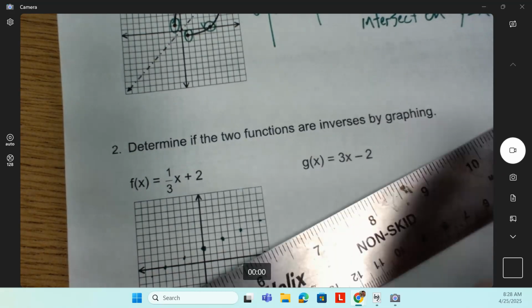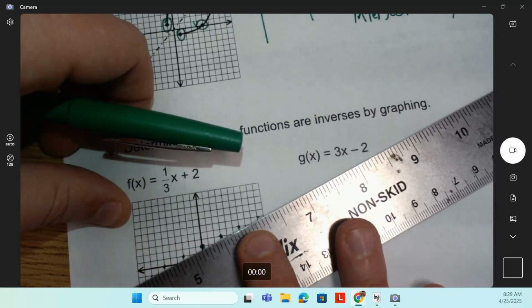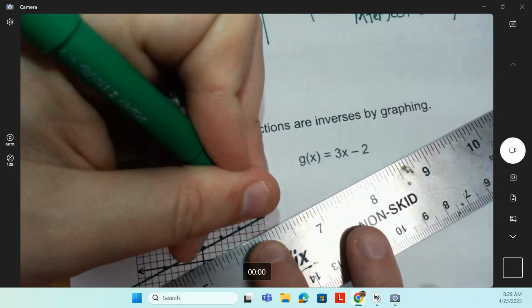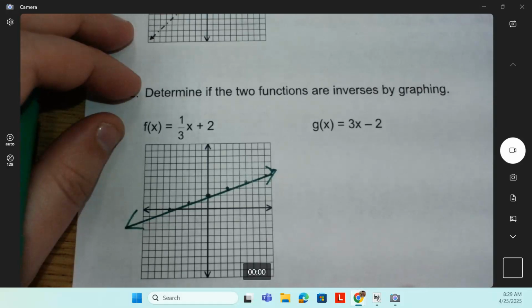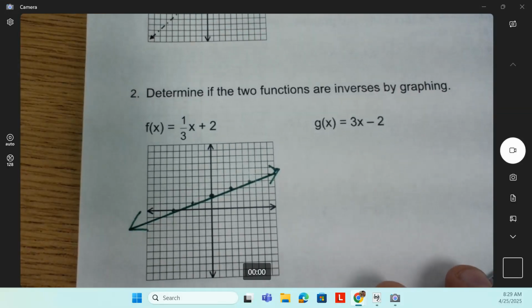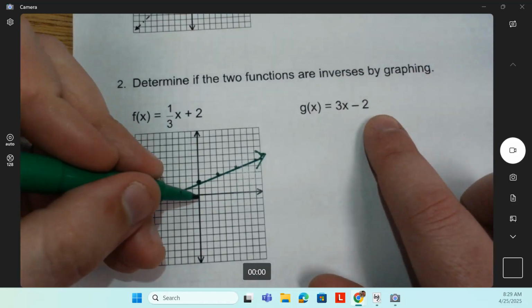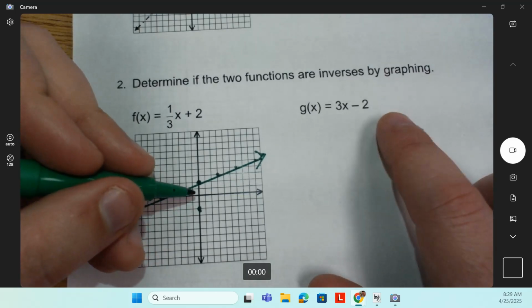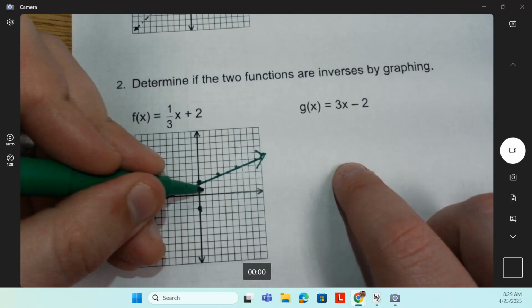We'll go ahead and use a ruler. I'll try to have rulers out for you just to get these lined up as well as possible. So there's my first line. And then we've got a y-intercept of -2 and a slope of 3x, so we'll go up 3 over 1.